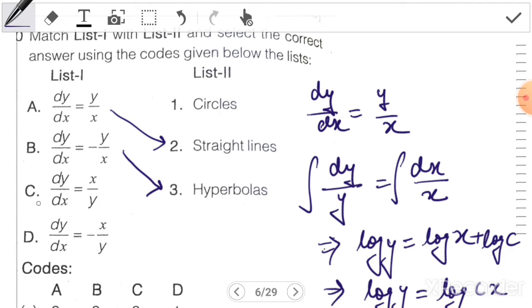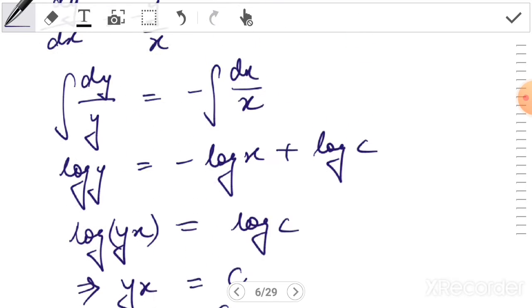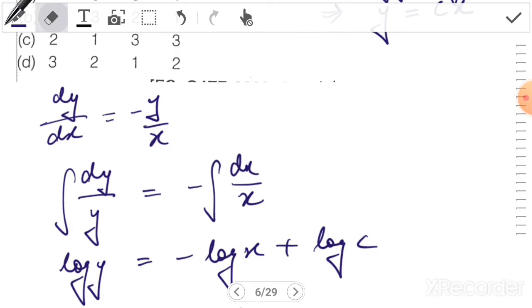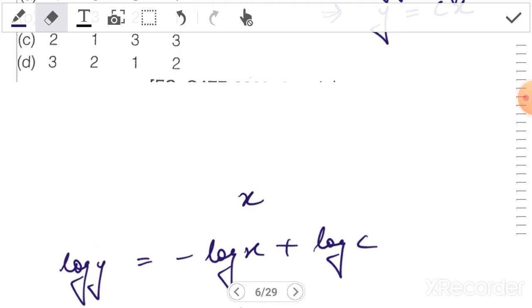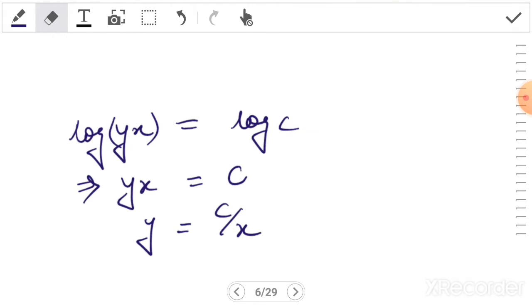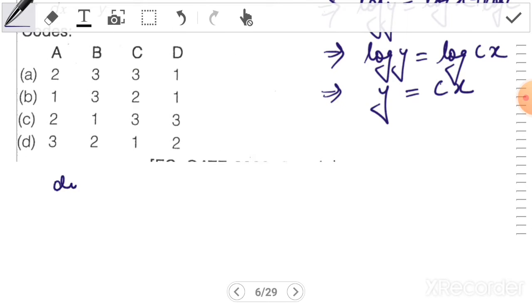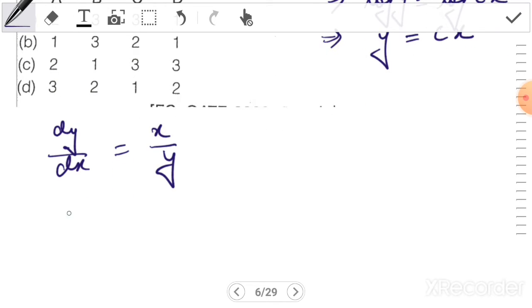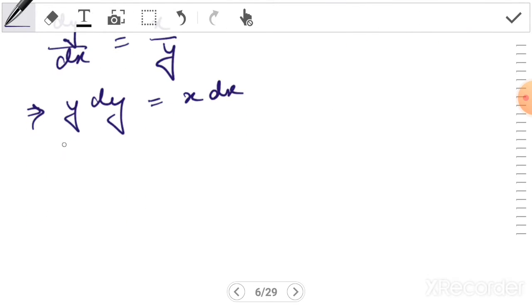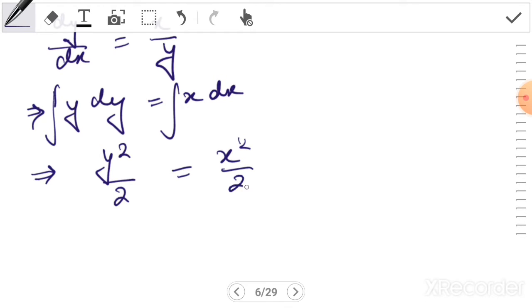Now let us check this. dy by dx is equal to x by y. Right? So y dy is equal to x dx. Integrating on both sides we have y square by 2 is equal to x square by 2, right?